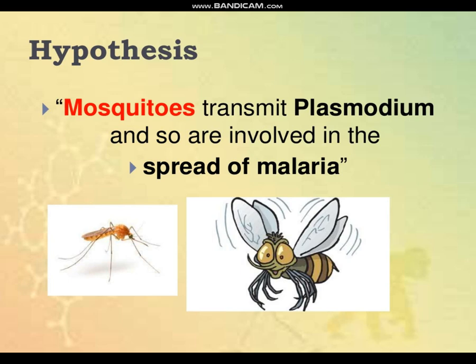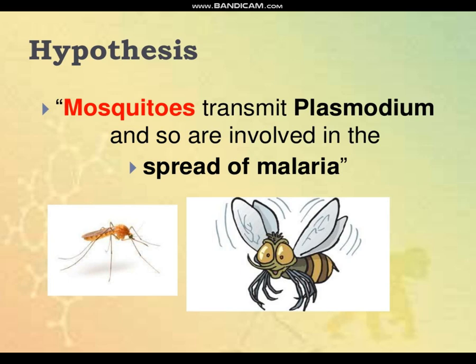These people are more likely to have malaria as compared to those who live in dry arid areas. So the hypothesis based on the observation said that plasmodium is present in all patients having malaria, or plasmodium is the cause of malaria.